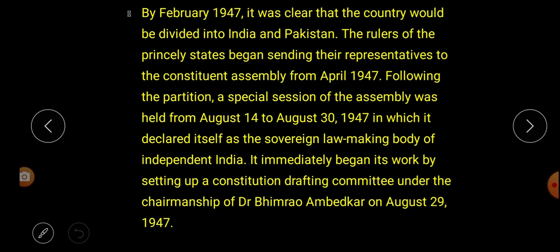Thereafter, they immediately began their work by setting up what? A constitution making committee. That means they set up a committee for making the constitution, and the chairman of this committee was Dr. Bhimrao Ambedkar, and it started on August 29, 1947.